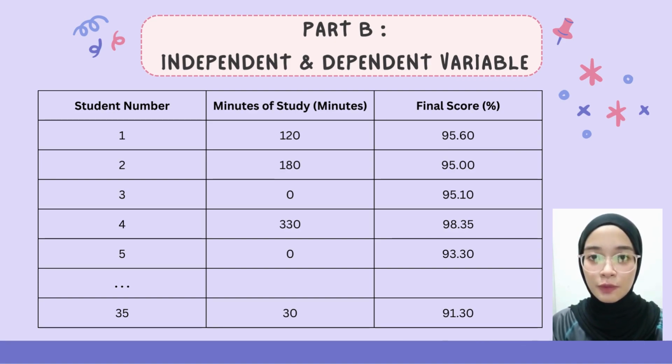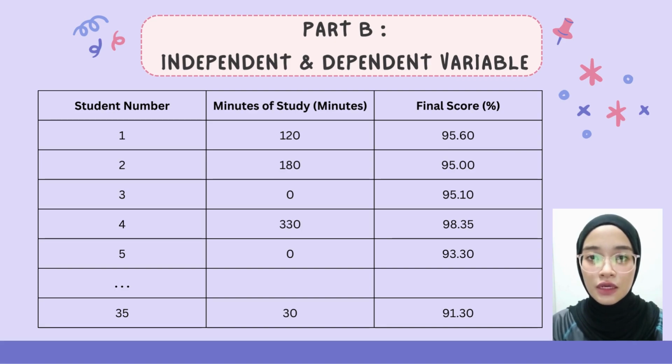So here is part B, which is one set of data that has one independent variable and one dependent variable. In this data, minutes of study is the independent variable, while final score is the dependent variable. Next, we found statistic data that has 83 students as the sample size, but we choose the sample size n equals 35 because n must not be greater than 100, but must be at least 30.